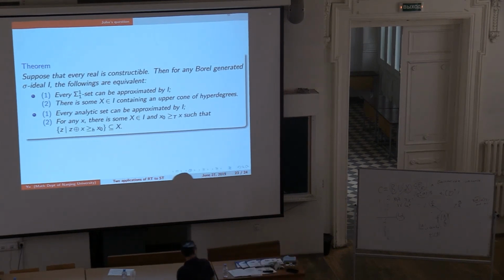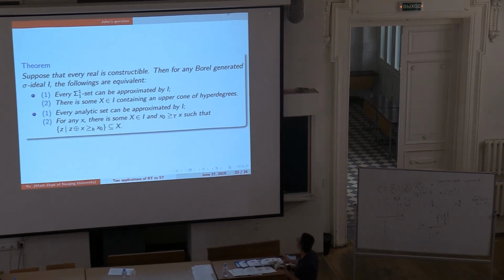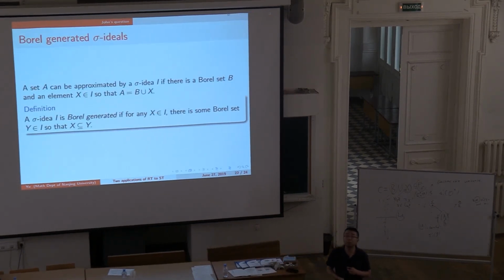This was also investigated by Kechris and Solecki. They proved some results under PD, projective determinacy, but we are recursion theorists, and we want to know whether there's a characterization under V equals L.